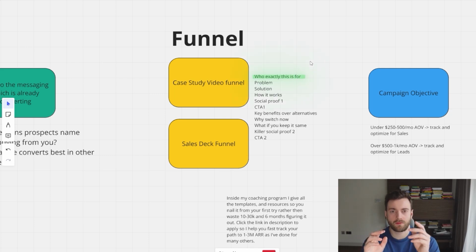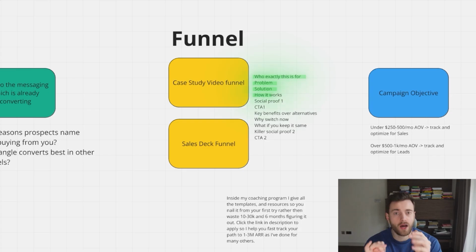Who exactly this resource is for, the problem, solution, how it works, social proof 1, call to action number 1, key benefits of your solution over alternatives, why you want to switch to your solution now, what if the prospect keeps everything the same.